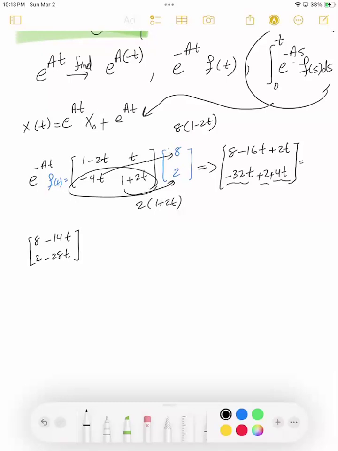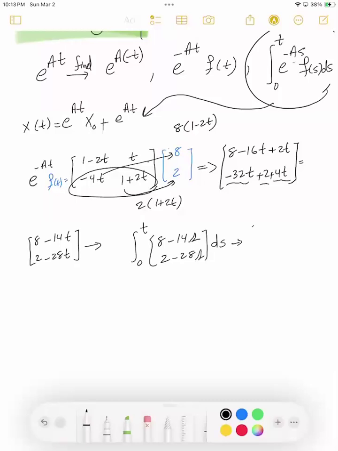Now we write this in terms of s and evaluate it from 0 to t. This is 8 minus 14s over 2 minus 28s, and we find the integral with respect to s.